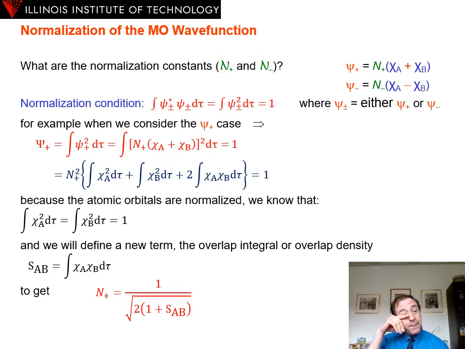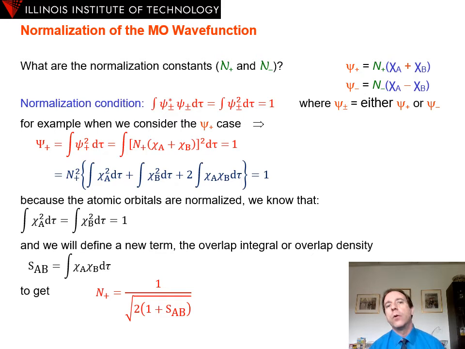Okay, so what about that third term, that integral of chi A times chi B over all space? Now, remember we had orthonormal wave functions. But you can see in this slide, after the part where it says we will define a new term, the overlap integral or the overlap density, the overlap integral S sub AB, why doesn't that just equal 0, right?